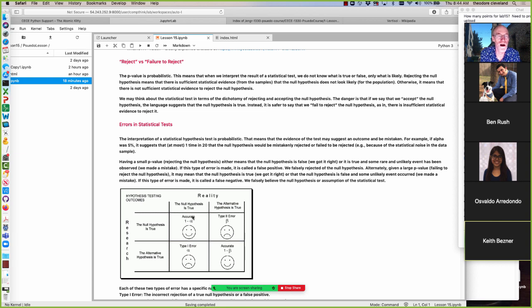So we often think about the test in terms of the dichotomy of rejecting or accepting. The danger is that if we use the word accept, the language suggests that the null hypothesis is true, and we never know that. We don't know it's true. All we know is that we have evidence to suggest that the null hypothesis is supported, or we have evidence that implies that the null hypothesis is not supported.